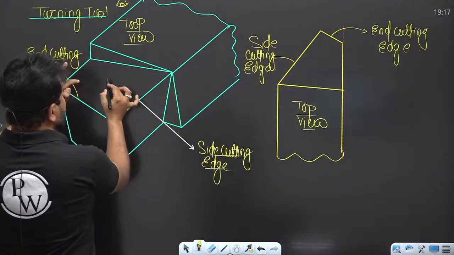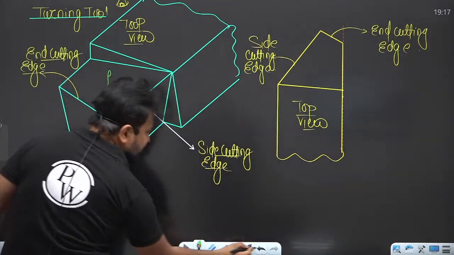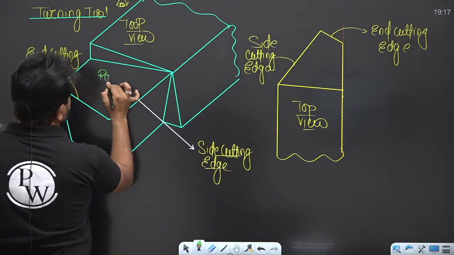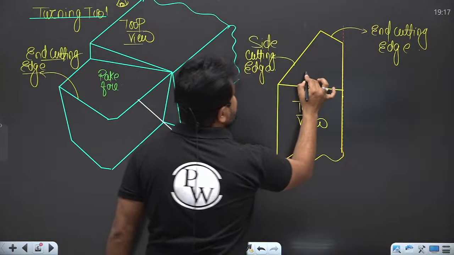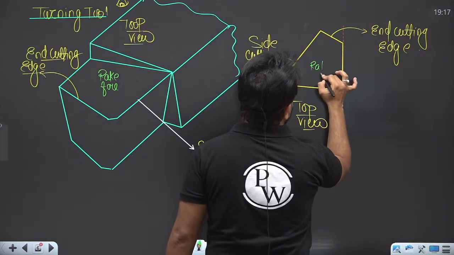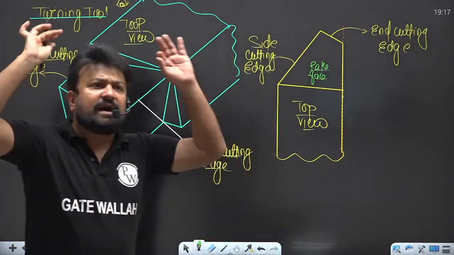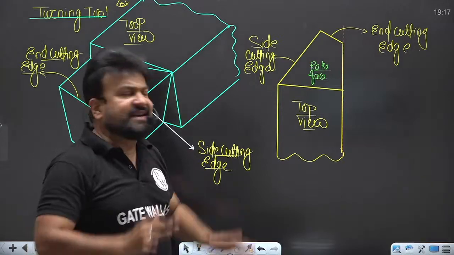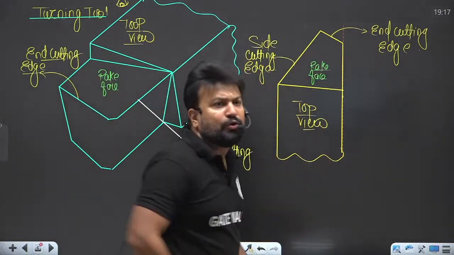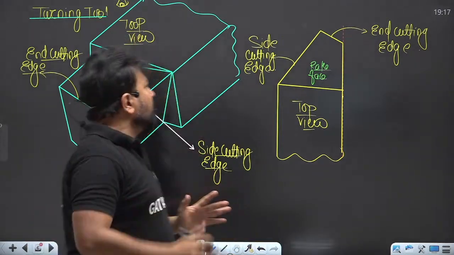This is the face of the tool, the rake face. I will talk about the faces later, but are you getting the exact picture of this tool in a top view? Yes or no? Okay, my dear, very good.